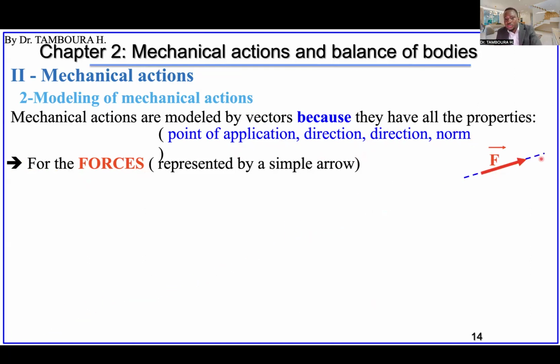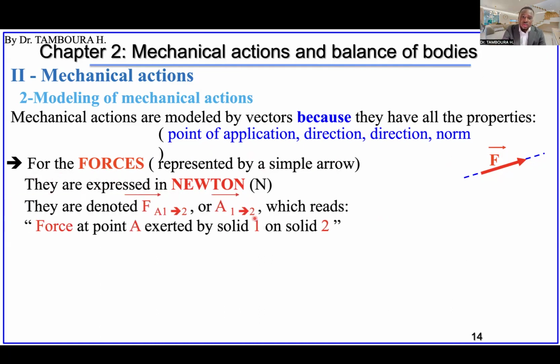Like this. This arrow is representing our forces. One simple arrow. These forces are expressed in Newton. Of course, you can have forces in kilonewton, meganewton, but the international unit is Newton. You can convert it if you want.